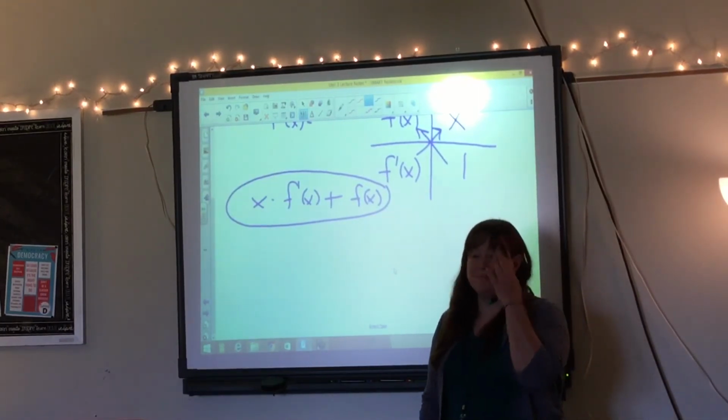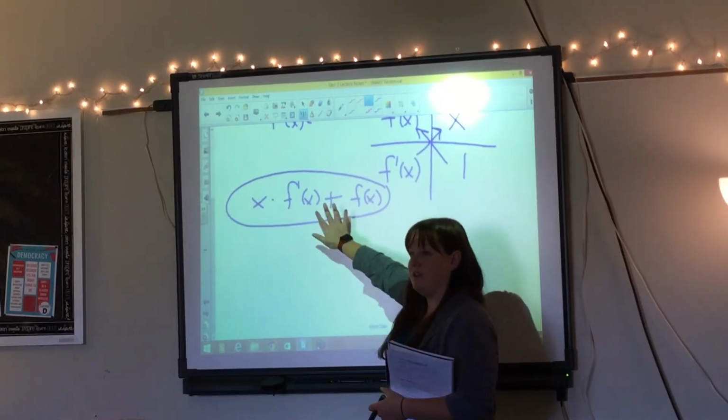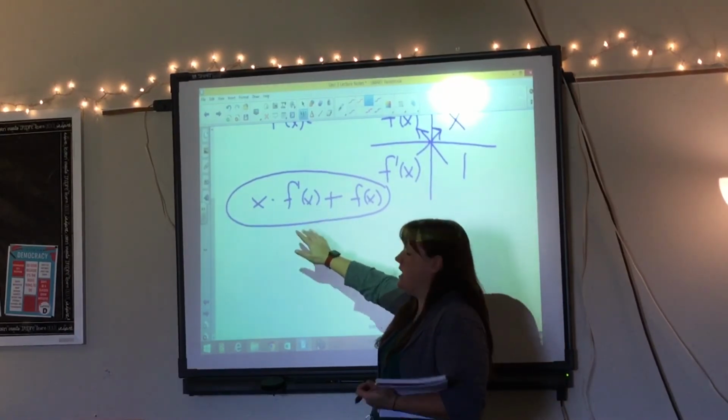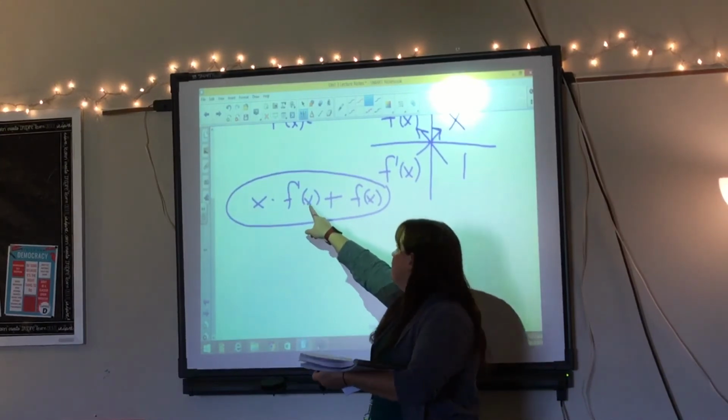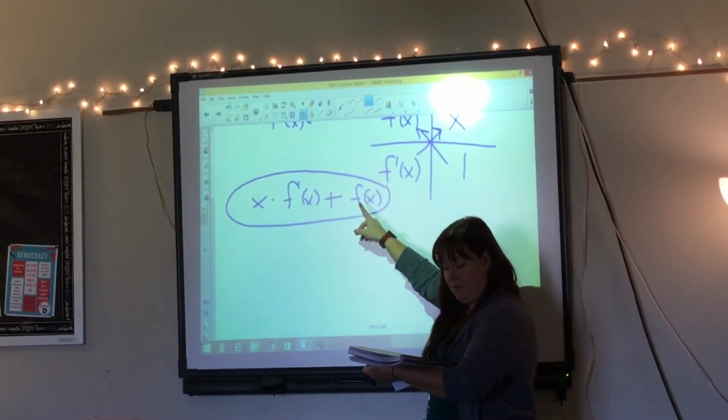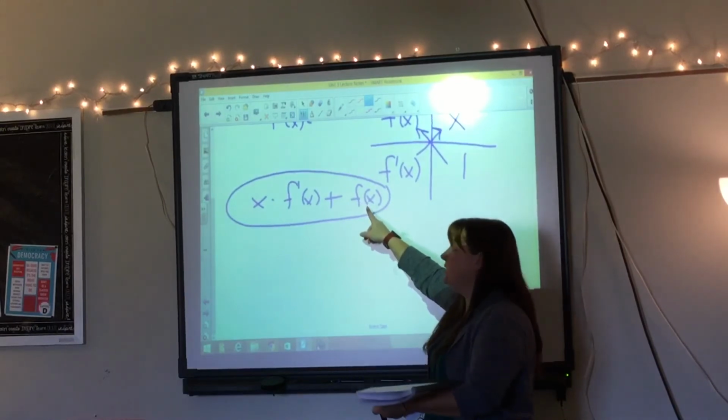Just plug them in. This is g prime, and it just told me f prime of 2 is negative 2 and f of 2 is 3.